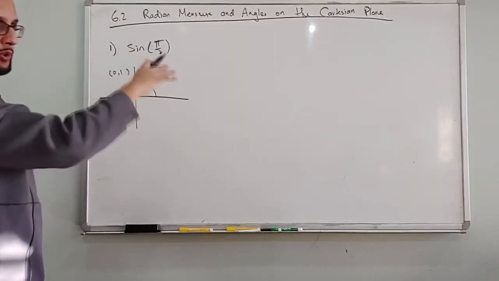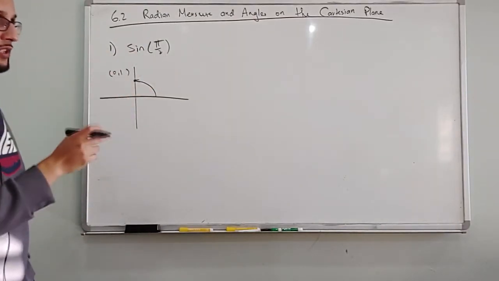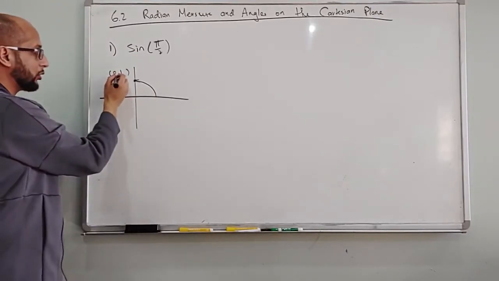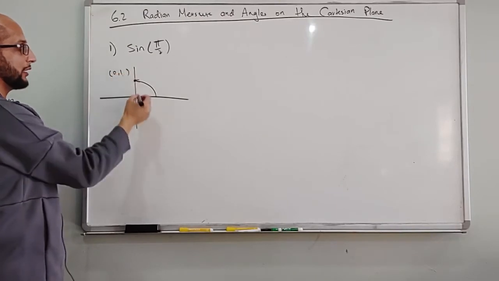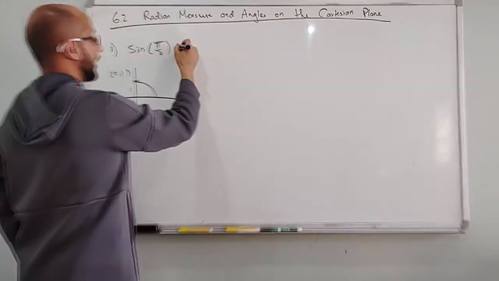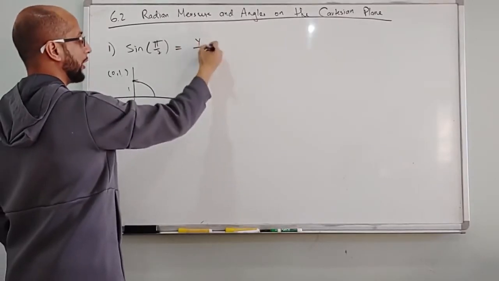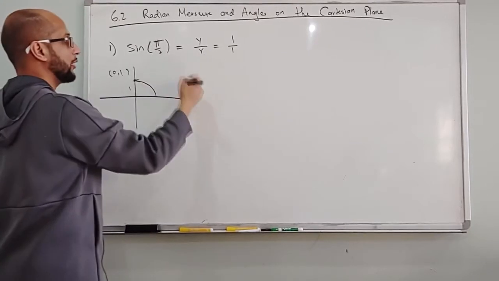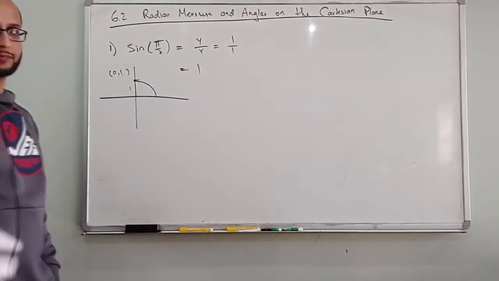Now, if we go back to what we just looked at, sine theta is always y over r. So if x is 0, y is 1, and the radius r is also 1, sine of pi over 2 would be y over r, which is 1 over 1. So sine of pi over 2 is 1.